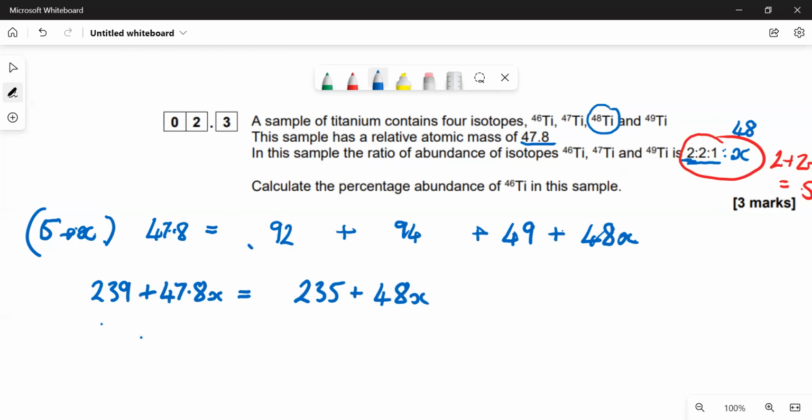Right, subtract 235 from both sides of the equation. We are going to get 4 plus 47.8x is equal to 48x. Subtract 47.8x from both sides of the equation. We get 4 is equal to 0.2x.